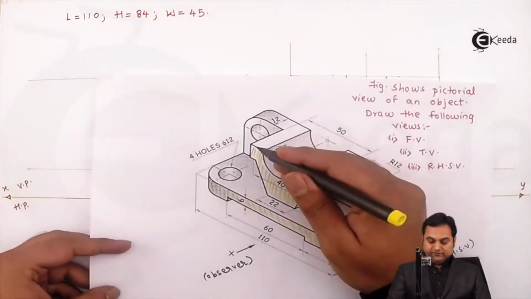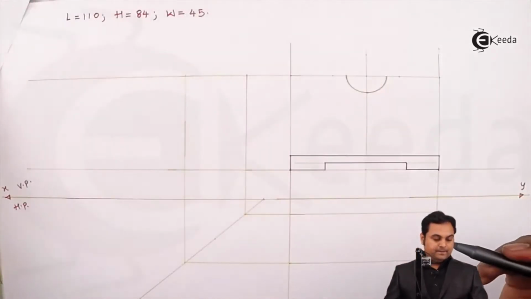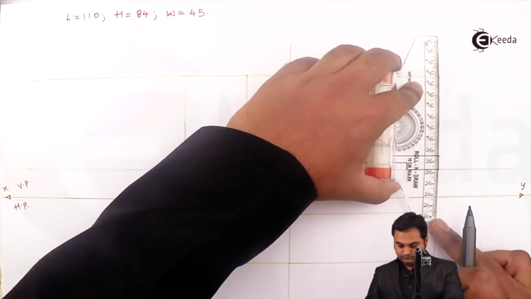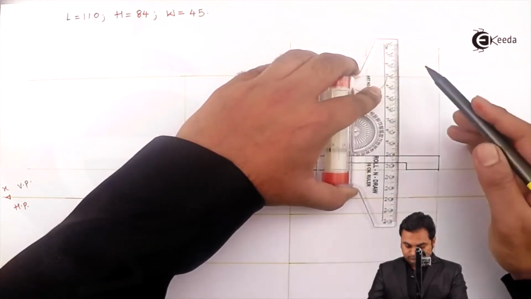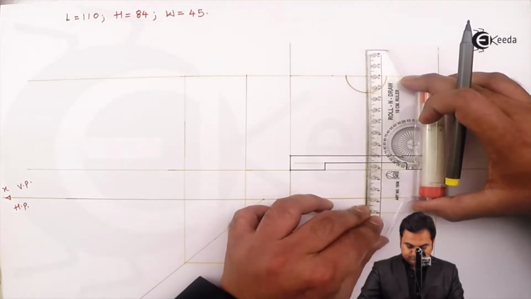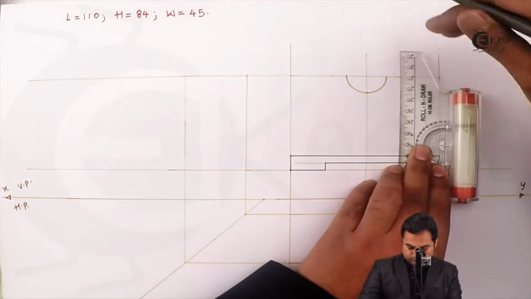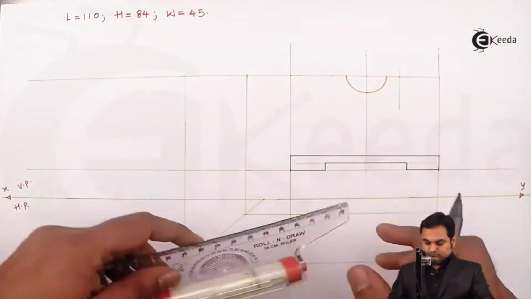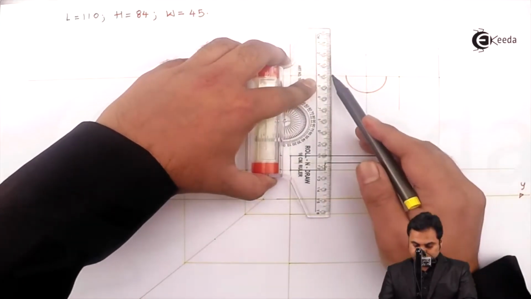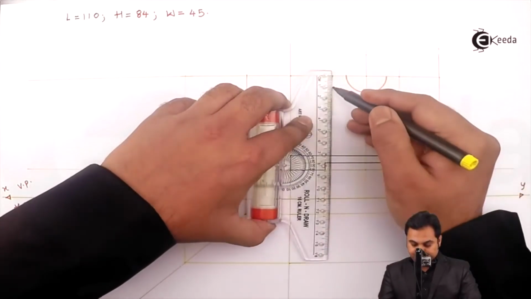Next, after the length 50, this portion is coming down by a height of 10 mm. Now I'll take height equal to 10 mm.